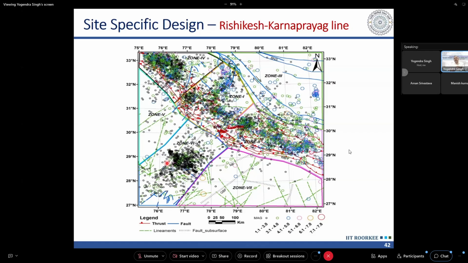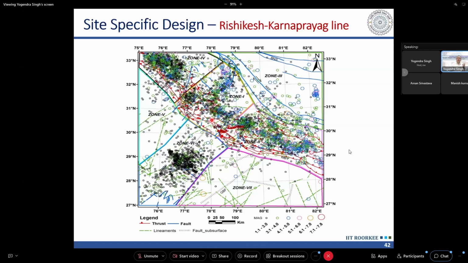So each circle here represents one earthquake. You may be puzzled as to how we have so many earthquakes. It is because it includes small earthquakes also. Large earthquakes which make news, which we feel and which cause some devastation, are only few. But small earthquakes keep coming, and those can be recorded with instruments.